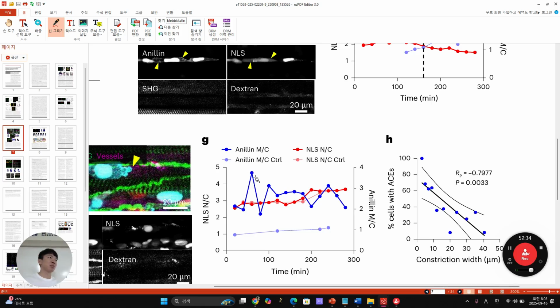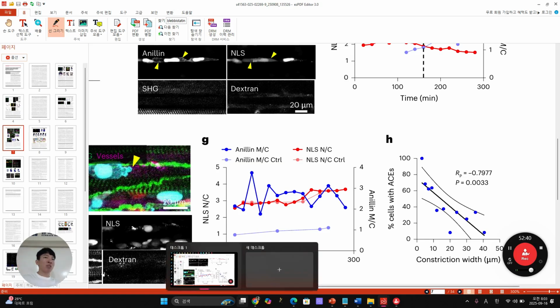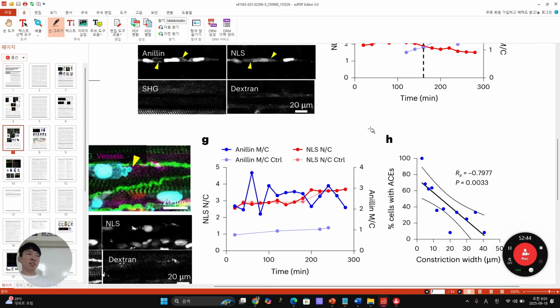Initially, aniline is originally in some part localized in the cytoplasm, and initially aniline is localized at the edge, and over time, when they squeeze out, more aniline is leaked out from the nucleus, more deposit, right? So they have to prove both concepts.